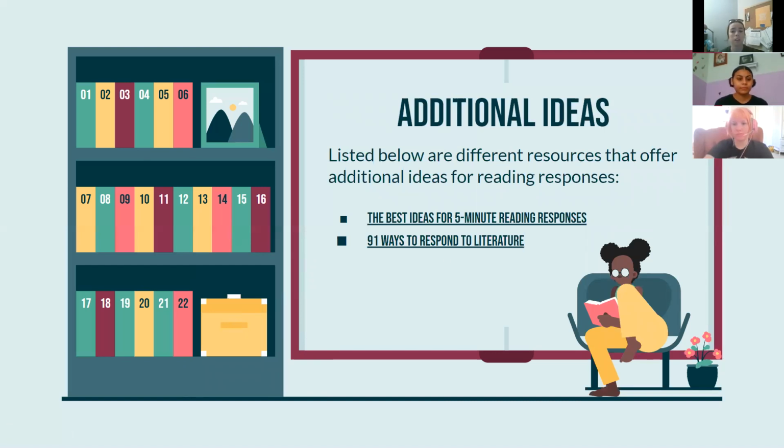So here we have some additional resources that we have provided. These are really great different reading responses. I really like this first link. They're quick 5-minute reading responses that are highly effective and great for making meaning of the text for students. And then there's this awesome list that's been compiled, and it's 91 ways to respond to literature.